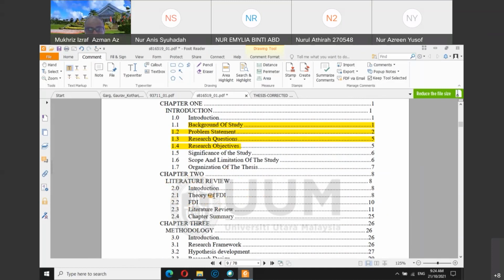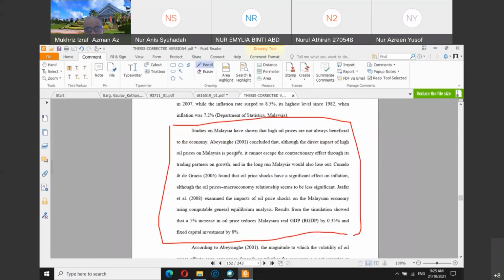But that does not mean you cannot refer to previous studies in your introduction as well. In your introduction, you must also refer to maybe a few articles, four, five, six articles that you have read and are relevant to your issue.